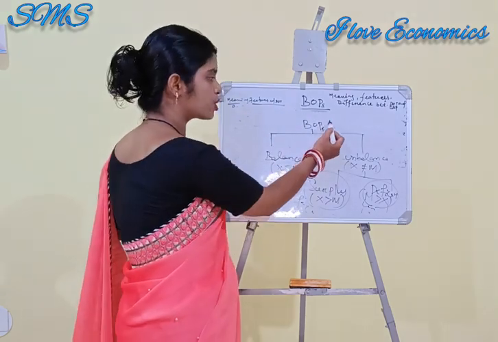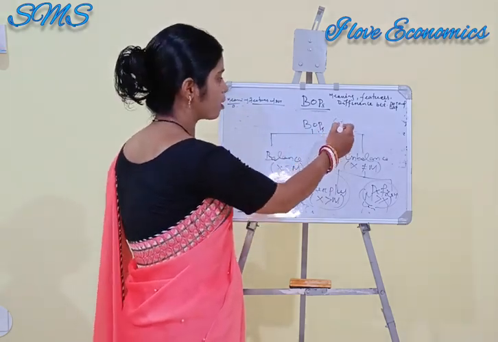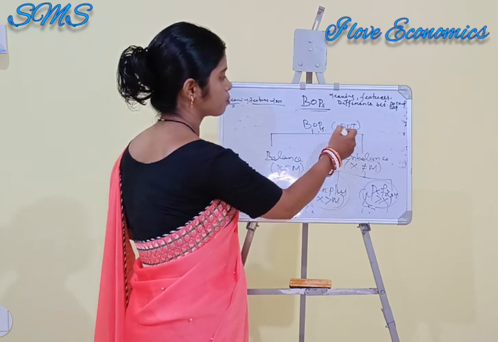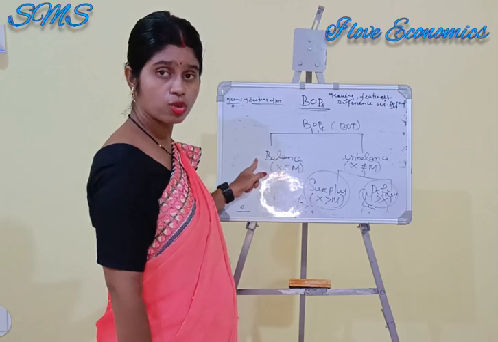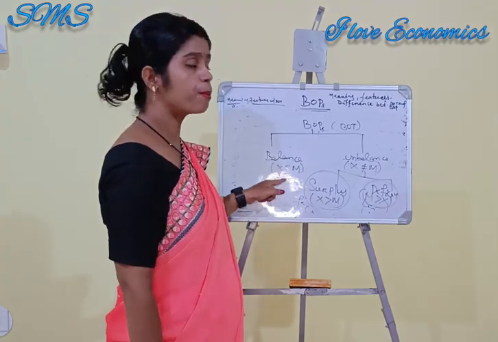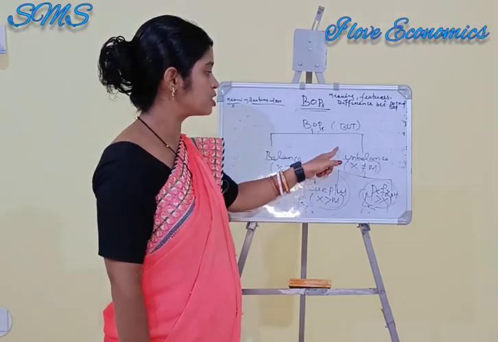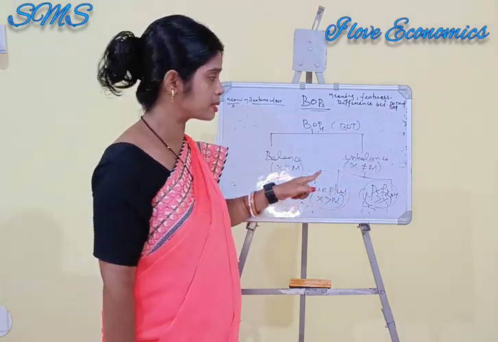That means instead of balance of payment, we can write balance of trade. So balance of trade is also divided into two types. In case balance of trade is not balanced, it means unbalanced.